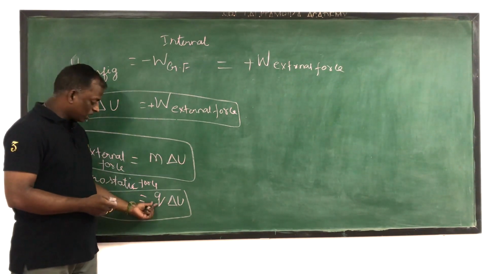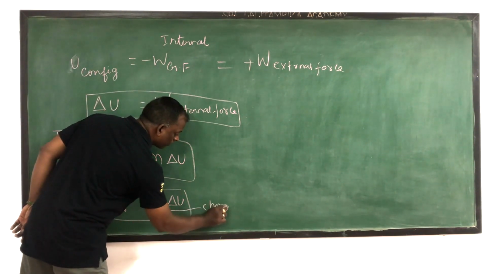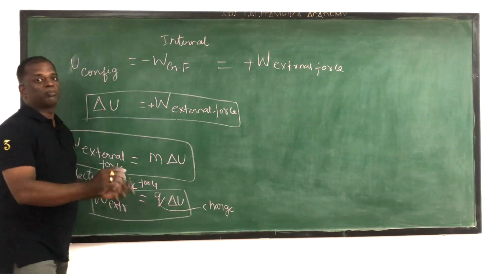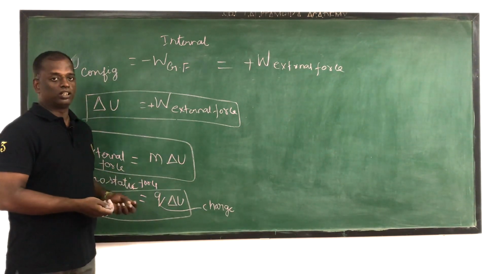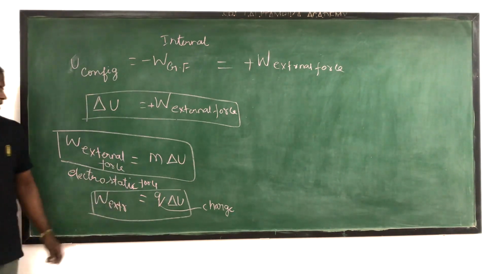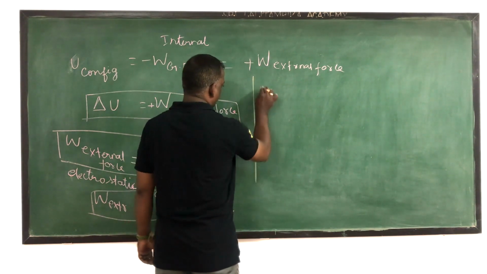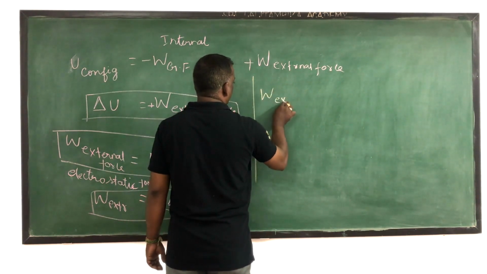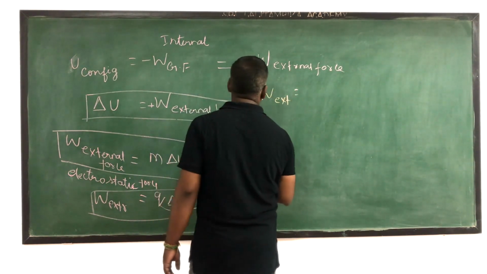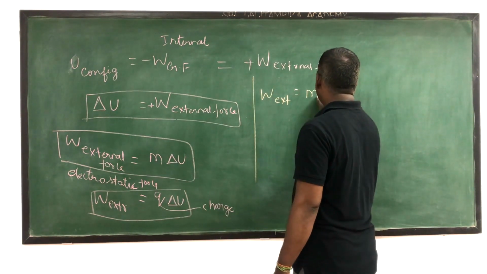Here Q is the charge, the charge of 2 point masses. So there are two masses, and we call them charges. Now how do we state this in a simplified way? Work done by the external force is equal to M into delta V. How much is delta V?